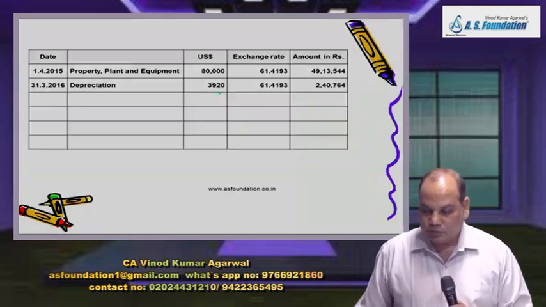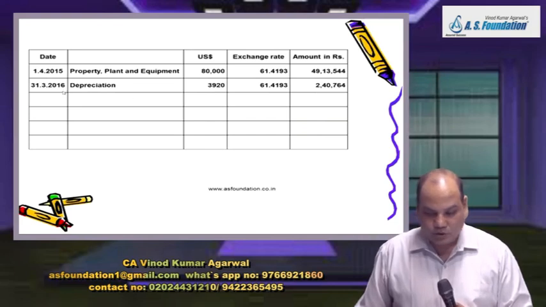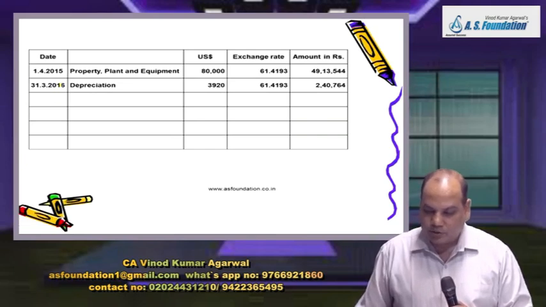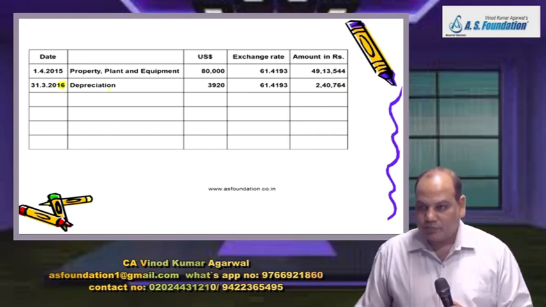4913544. Very good. And then on this we will provide depreciation. Just check the date printed in your notes. If it is something different, then correct it. 31st March 16. Depreciation. You have calculated 3920. What about the rate?